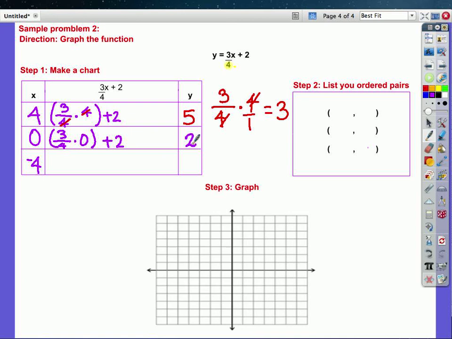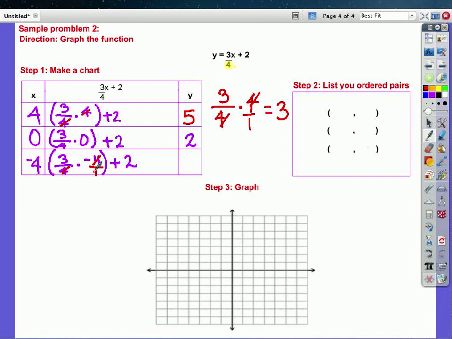Now, our final problem, 3/4 times negative 4. Please make sure you keep up with your negatives and positives, plus 2. We're going to use that same step we used before, which is our cross cancellation. The 4's will cancel out, and that is now 3 times a negative 1.